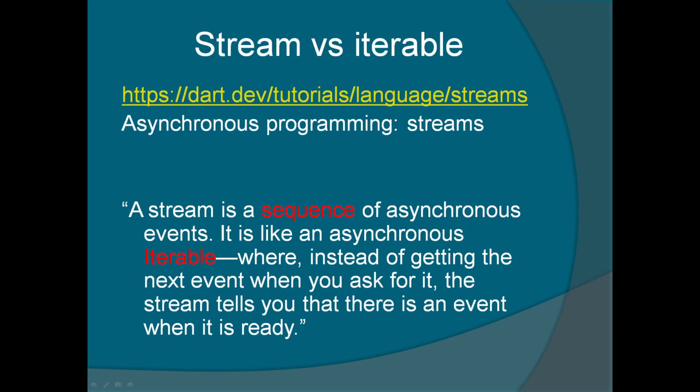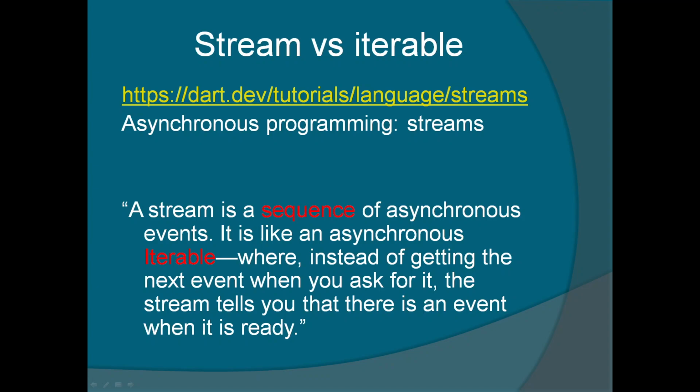To understand stream, let's compare it with iterable. In the article mentioned before, Asynchronous programming: streams, a stream is defined as a sequence of asynchronous events.